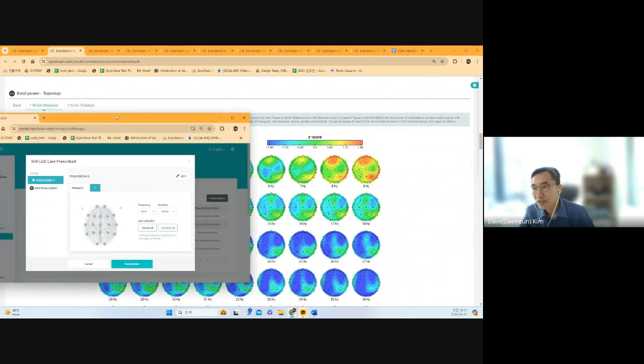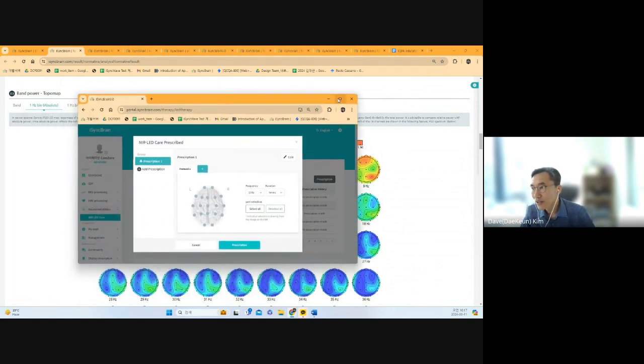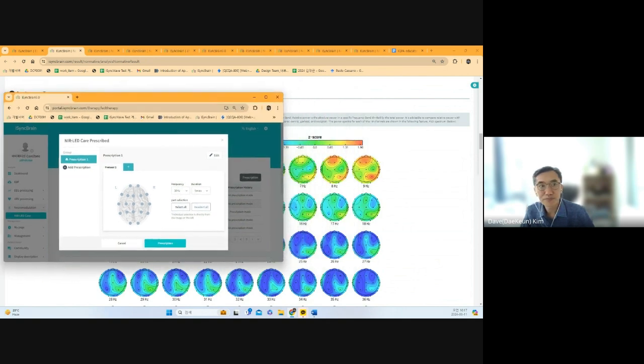Here we can speed up the frontal area, for example, like this, and the temporal area too.